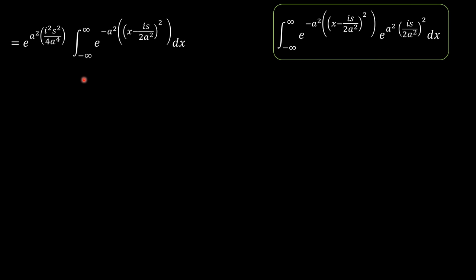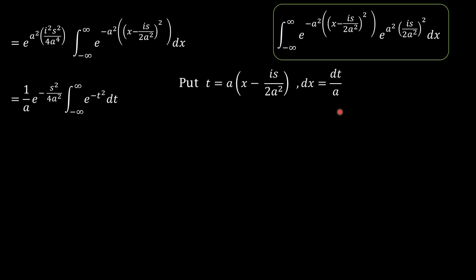So the equation is of the form e to the power a square i square s square divided by 4 a to the power 4, integration e to the power minus a square into (x minus is by 2a square) whole square, where the limits of x are varying from minus infinity to infinity. Let me simplify the above integral by substituting t is equal to a into (x minus is by 2a square), so that dx is equal to dt by a.